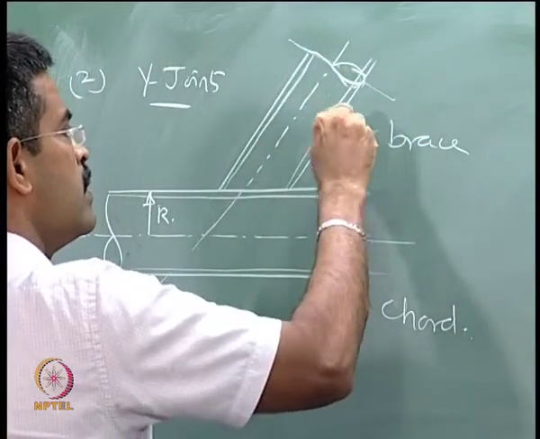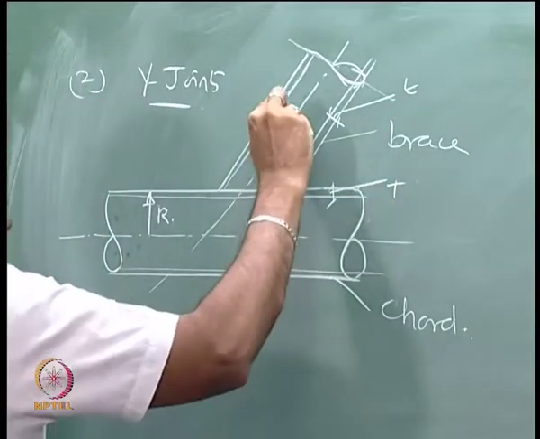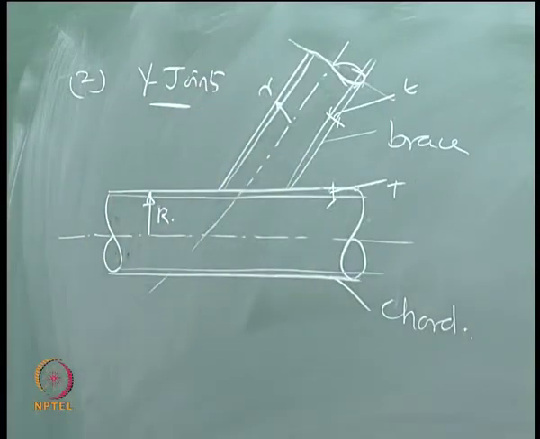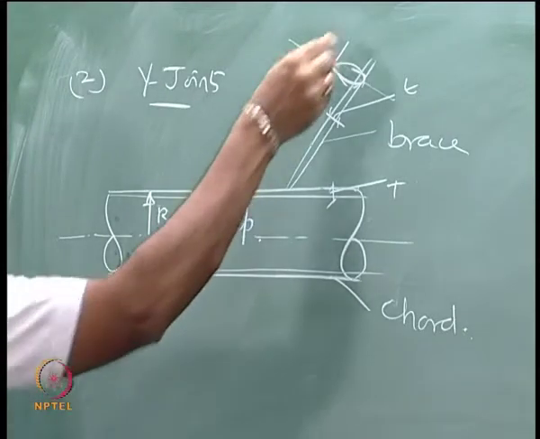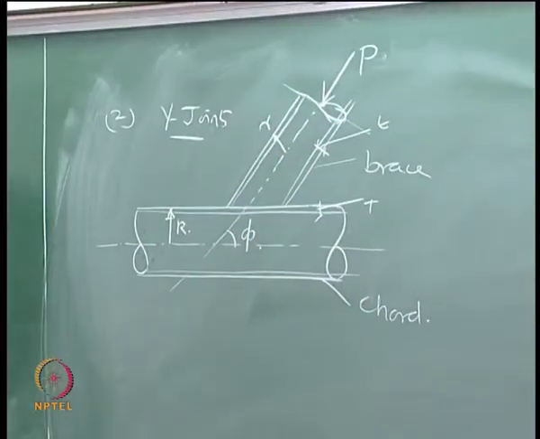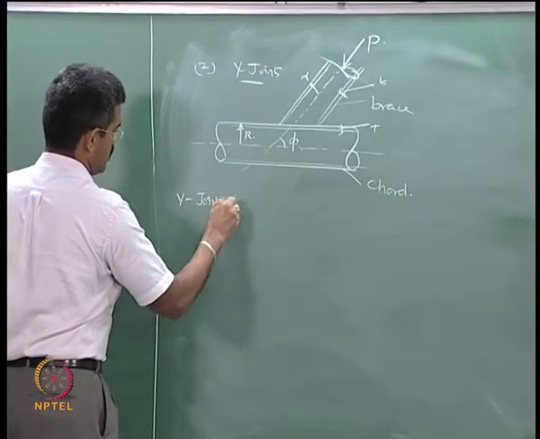This I say small t, this I say capital T, this I say small r, and this angle is phi. So, let us say this is subjected to compression or tension, let us say P. Okay. Now, Y joints in compression.